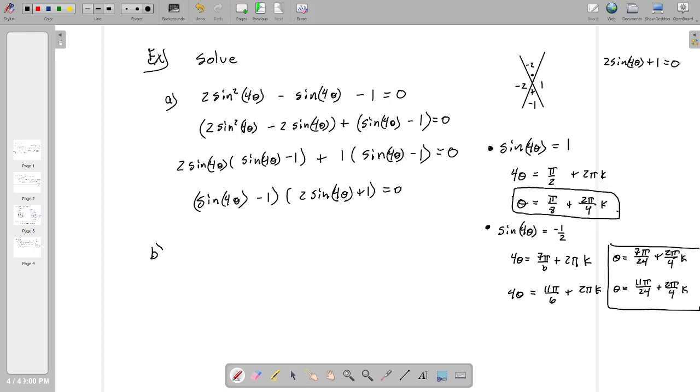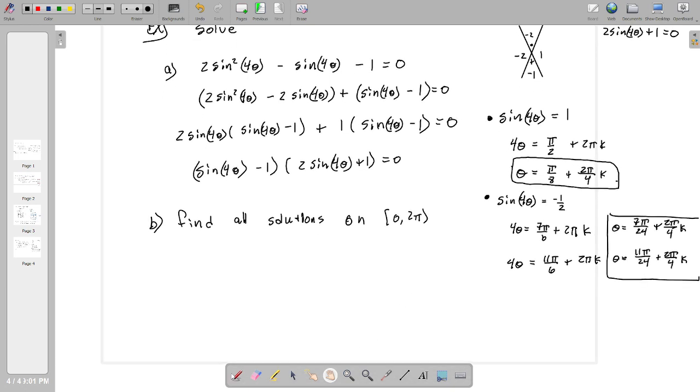Now part B is to find all solutions on the interval 0 to 2 pi. This is a little bit tricky, so be careful. Let's start with this one. Theta is equal to pi over 8 plus 2 pi over 4k. Now remember, k is an integer. Right?